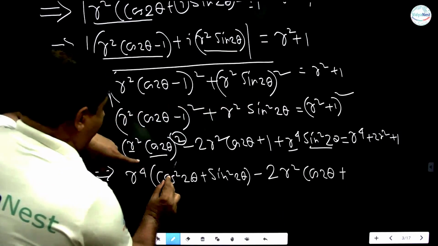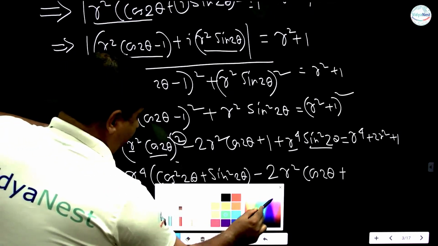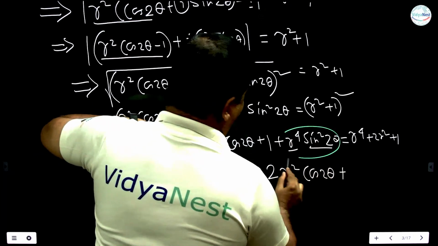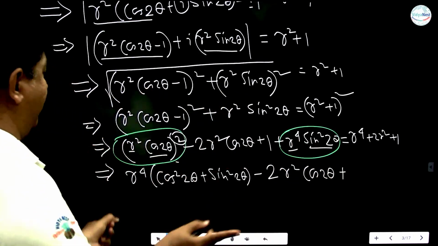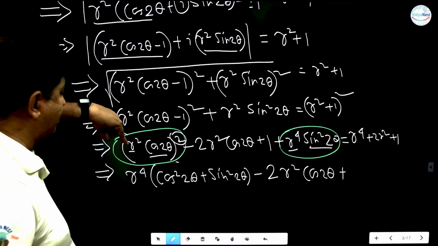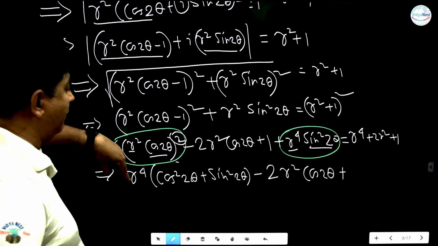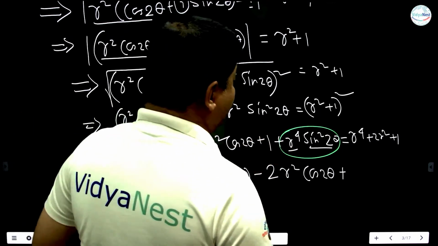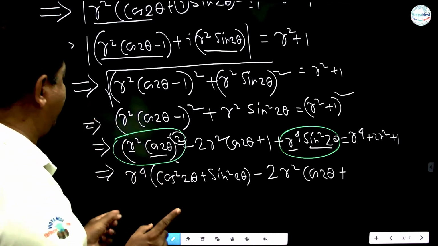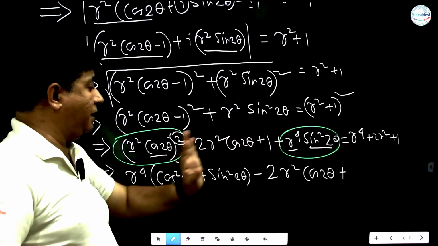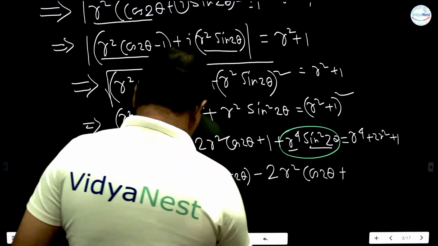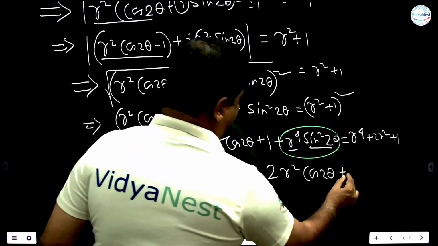See what I have done? I have clubbed this part and this part together. ये दोनों को एक साथ ले लिया. क्यों? यहाँ पे भी r square whole square 2 is the power of r square. ये भी r to the power 4 दे रहा है. यहाँ पे ऑलरेडी r to the power 4 है. सो हम कॉमन ले लिया. तो इसमें ब्रैकेट में बचेगा क्या? cos square 2 theta plus sin square 2 theta. So, plus 1.